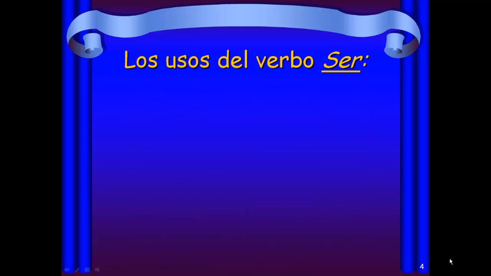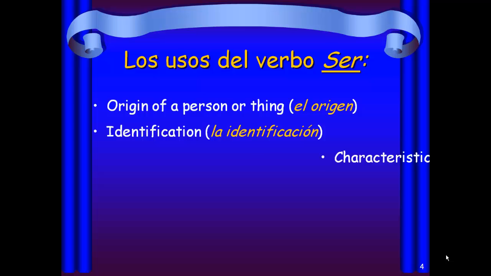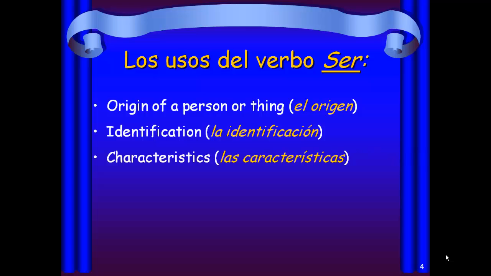We will begin with the uses of the verb ser. This is a review of everything you learned in Spanish 1. First, it's used to tell where something or someone is from. Second, to label or identify what a person or a thing is. Then to describe its usual everyday characteristics.